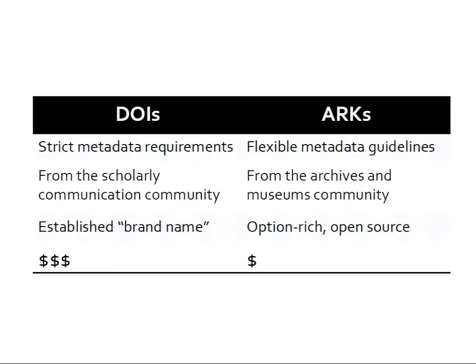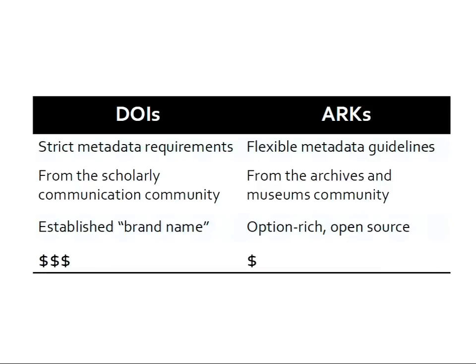And if you're thinking about what these ARCs are, there's a difference between a DOI and an ARC, in that DOIs are very strictly monitored by those international DOI organizations, whereas archival resource keys, or ARCs, which come from the CDL, are a little bit more flexible.